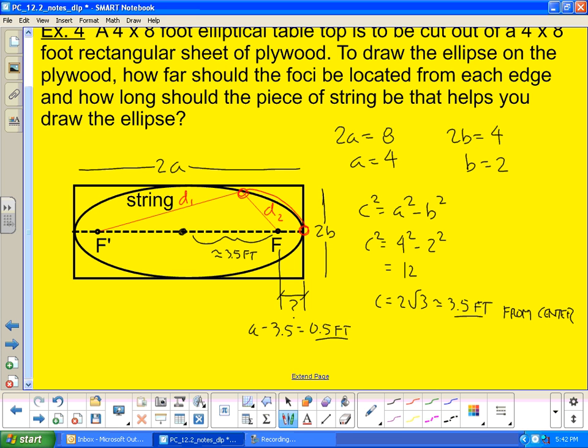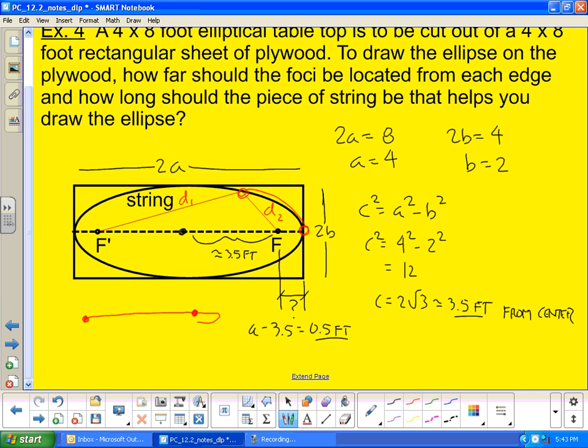If I brought that point to the right side where the vertex is, the string from our left focus would be going out. It would ride right on that right focus, and then it would go out a half a foot more to get to the edge, and then it's going to wrap back around.